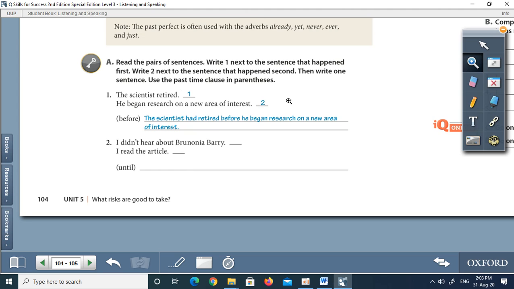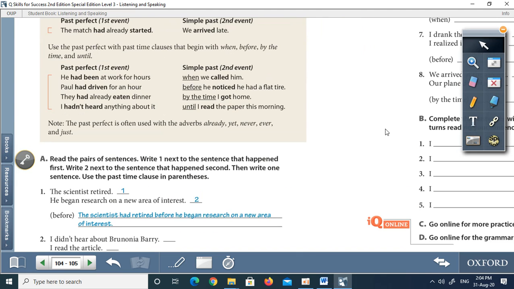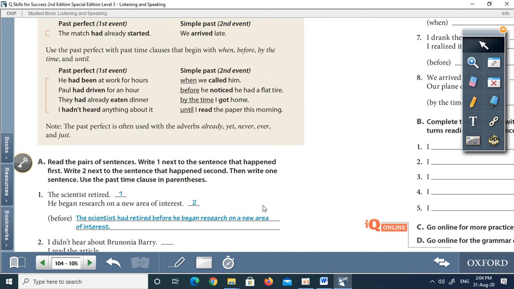Then, whichever action happened first, put a 1 next to it and a 2 next to the other, and then combine the sentences with the conjunction they have given you. So the conjunction for number 1 is before, the conjunction for number 2 is until, and so forth, all the way through to number 8 on the next page.